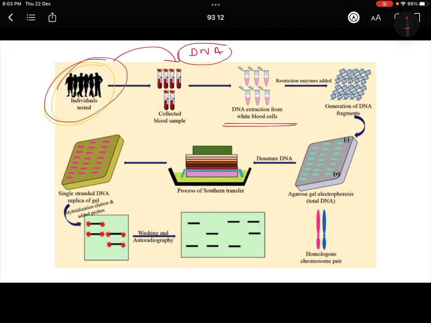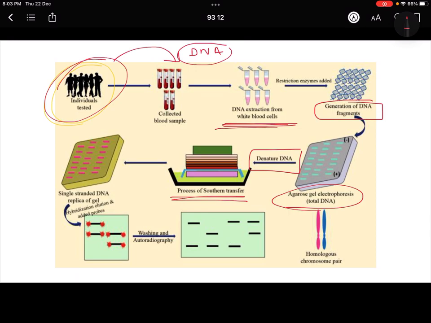We extracted the white blood cells and took their DNA fragments. Now we put it through electrophoresis. Now it has been denatured, and it is transferred to a nylon membrane through the southern blotting procedure.